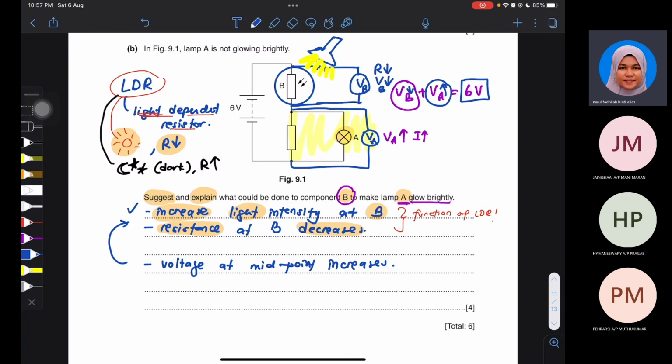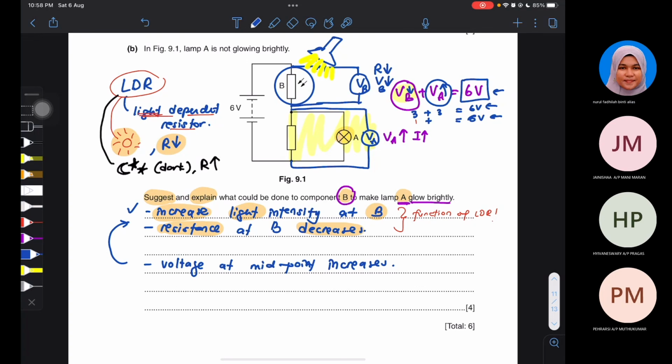You faham tak? Jadi tadi mula-mula kalau sini 3 plus 3 sama dengan 6. Tapi sekarang ceritanya VB ni dah berkurang. So let's say for example VB dah jadi 1. Jadi bila 1, what happen to VA? VA supaya jadi 6 volt juga. Sebab ini kena maintain. You understand? Jadi kalau sini 1 sahaja, maka sini kena jadi berapa? 5 volt. Kan? Untuk maintainkan 6 volt.